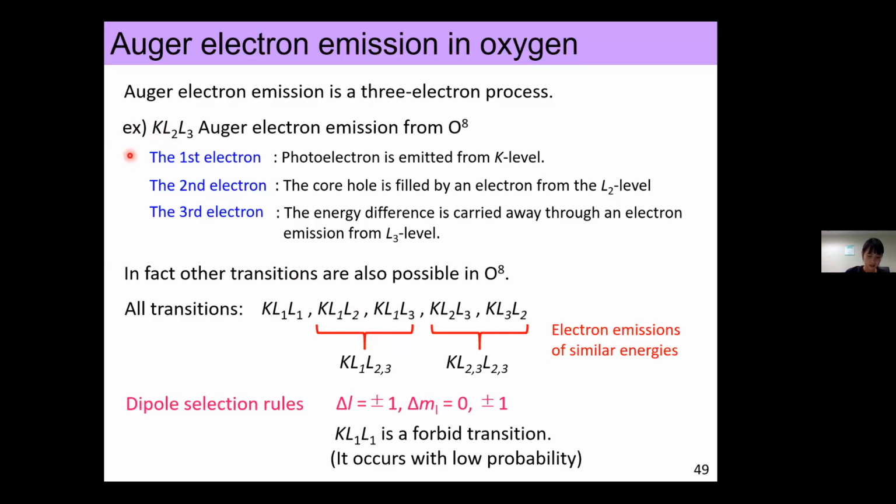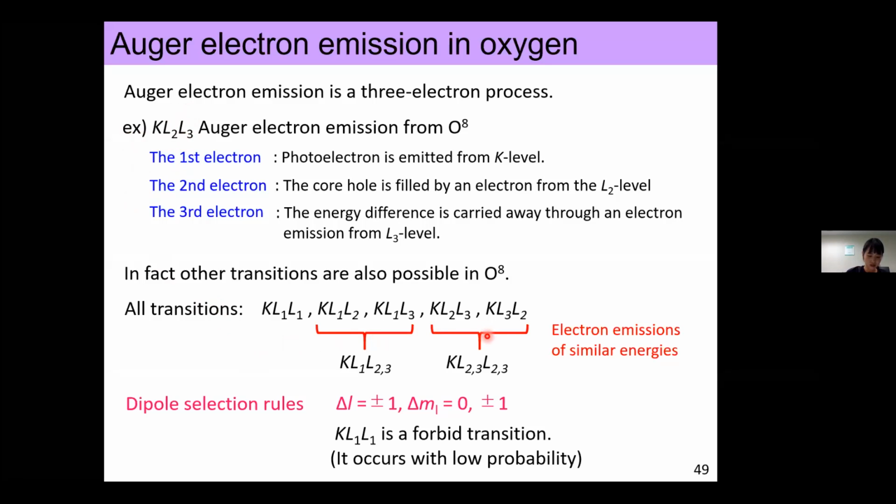Then the second step is that the core hole is filled by an electron from the L2 level. The last step is that the difference of energy is carried away through an electron emission from the L3 level. So that's why it's called KL2L3. In fact, other transitions are also possible in oxygen.